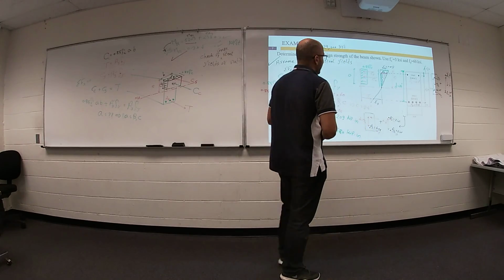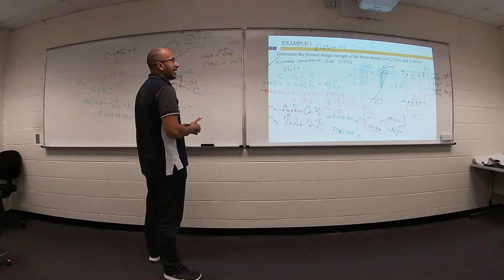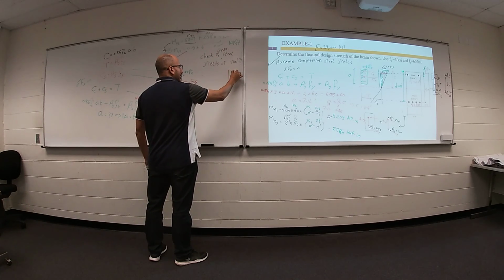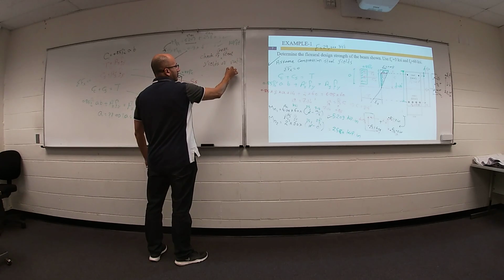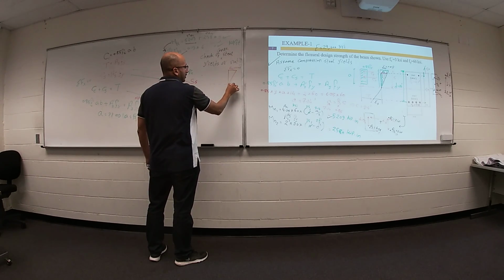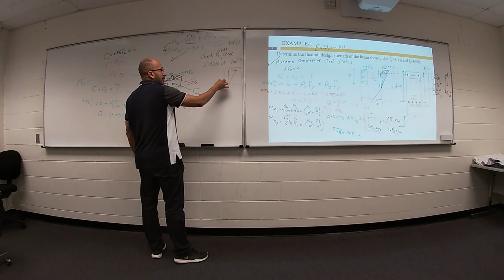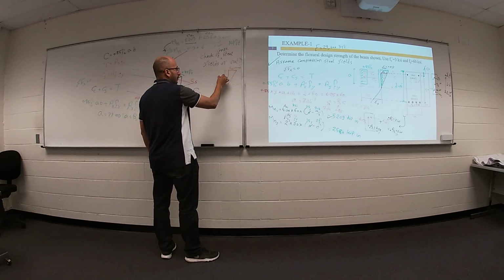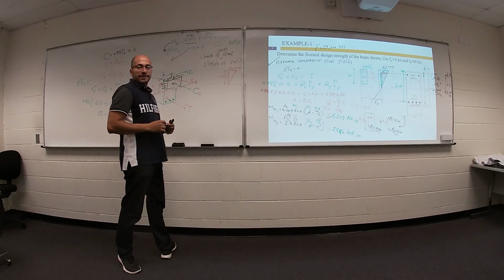We have two triangles. First triangle, the biggest one, looks something like this. Epsilon cu equals 0.003. Here is your neutral axis, remember. This distance equals c equals 8.4. That's right.